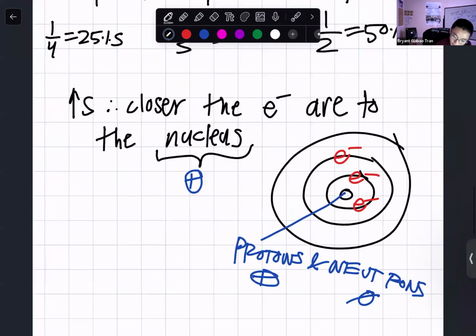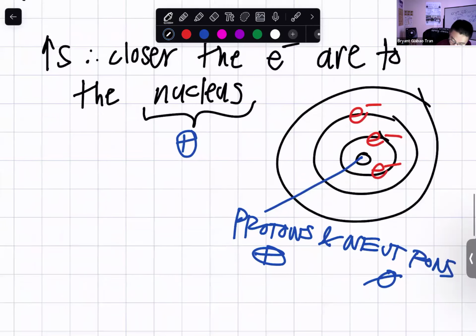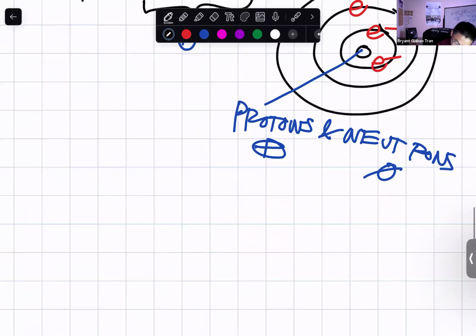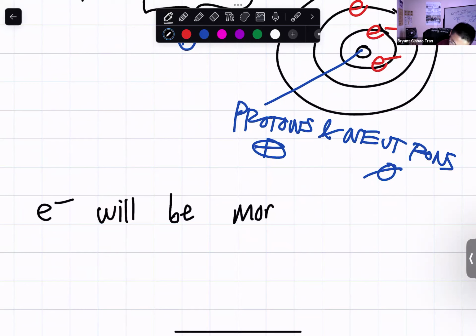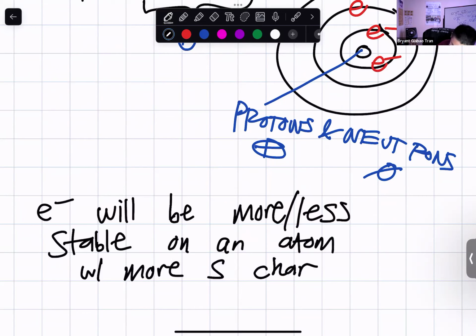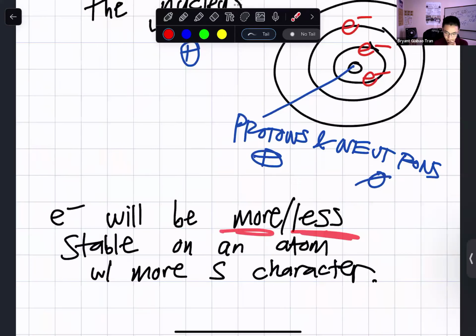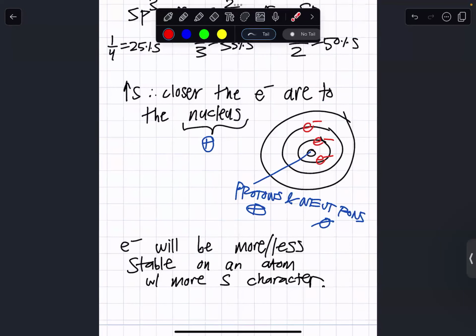So do you think electrons would be more or less stable on an atom that has more s character? Which one would it be, more or less? Less? I don't remember what s character looks like.